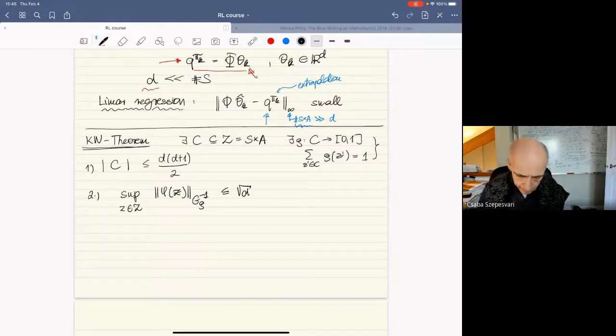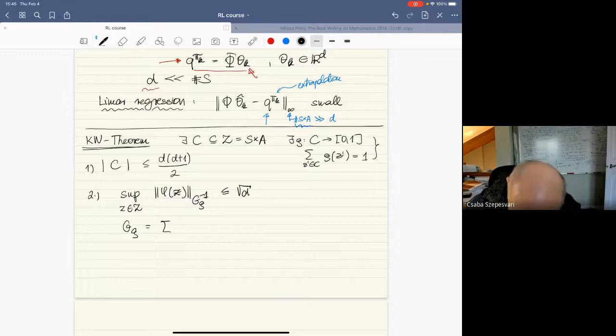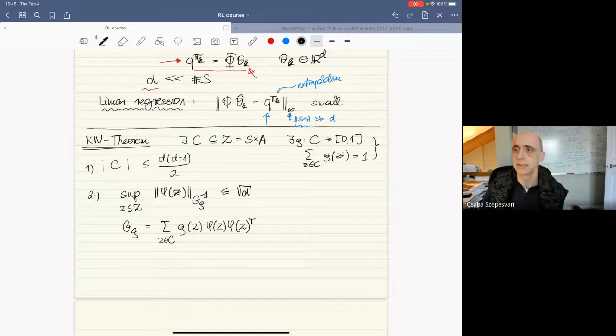Okay. And here, what is this G of rho? So the G of rho is this matrix, which is called the moment matrix. This is the matrix that is going to appear in weighted least squares when you're calculating the weighted least squares solutions with the weighting of rho, and this is the matrix that you would invert.